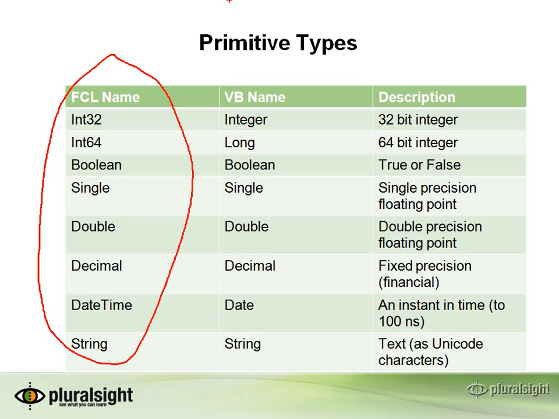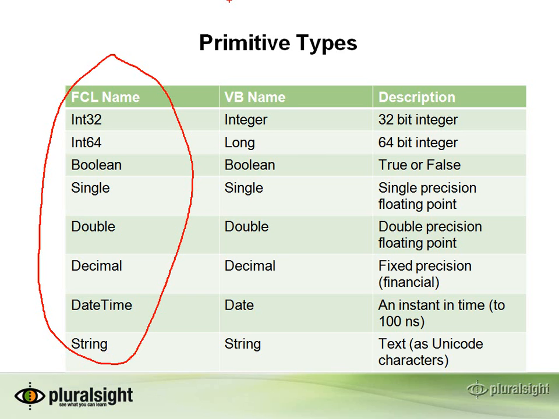While each language may have their aliases for the data type names, they all map into data types that are part of the framework class libraries. What in Visual Basic we call an Integer, in C# is called an int, but both of those really map to the Int32 data type that's part of the framework class libraries.